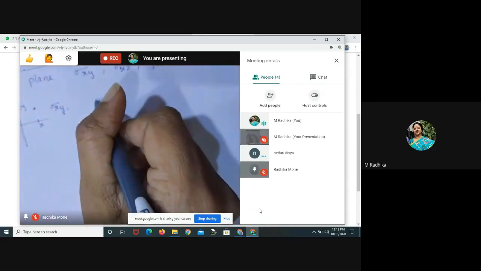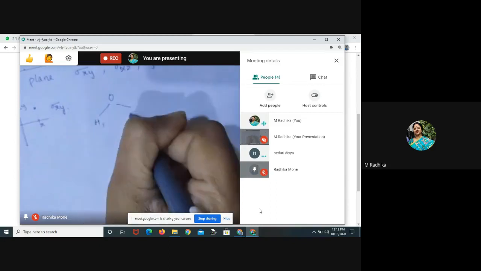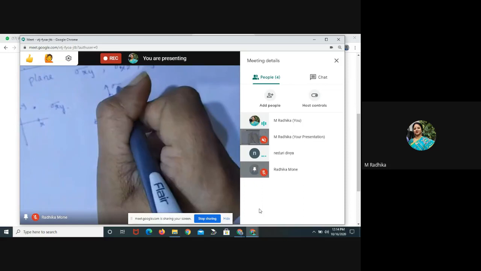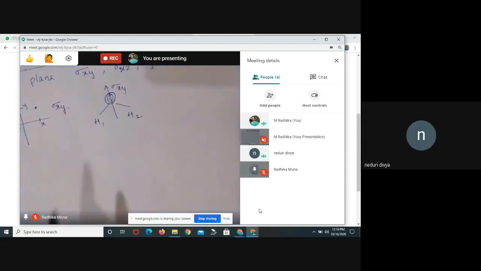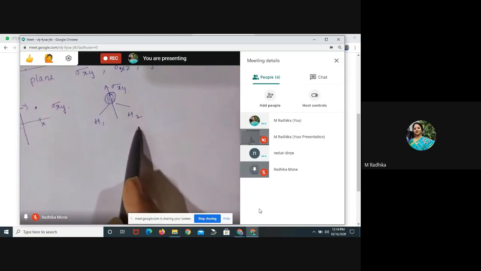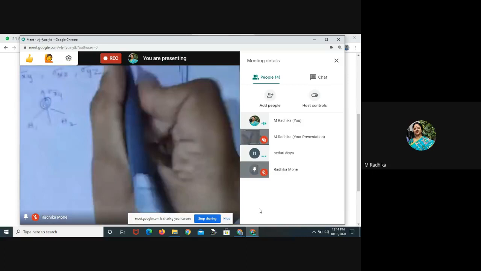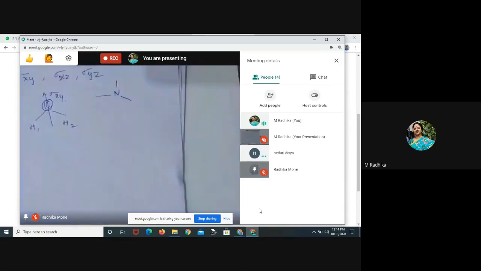Whenever I have, suppose we have a water molecule, H1 and H2, and this is the sigma xy, this molecule will not change its position. Only the other ones will change. Take the best example, ammonia. You have three planes.